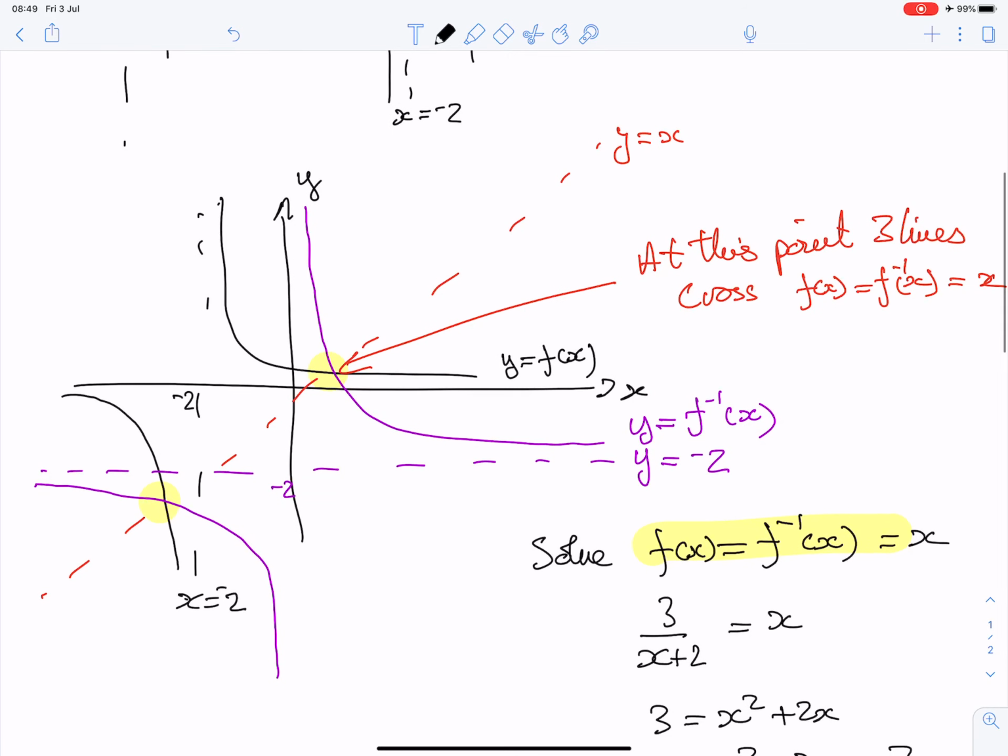And that fits with the diagram because this first one over here is less than minus 2, because it's got to be to the left of this asymptote. And this one had to be greater than 0 as it's to the right of the y-axis.